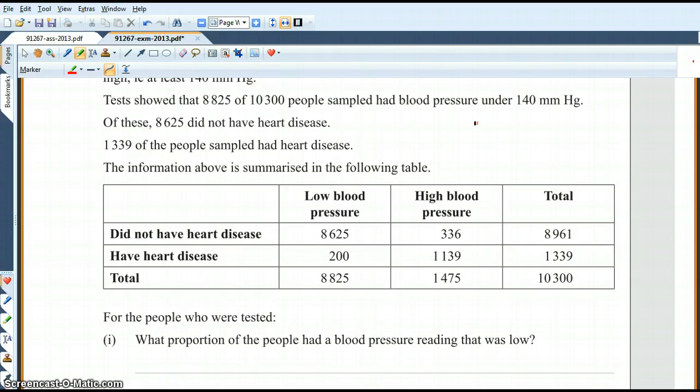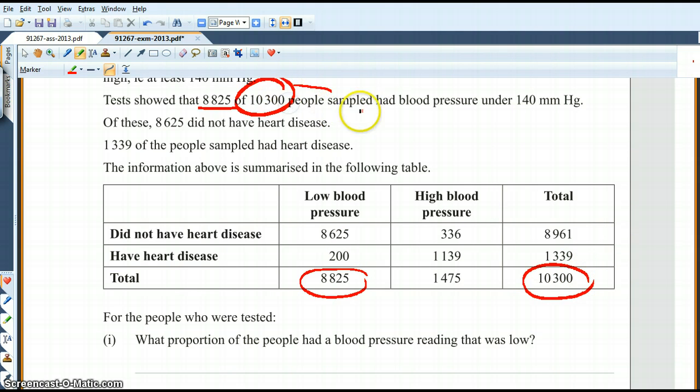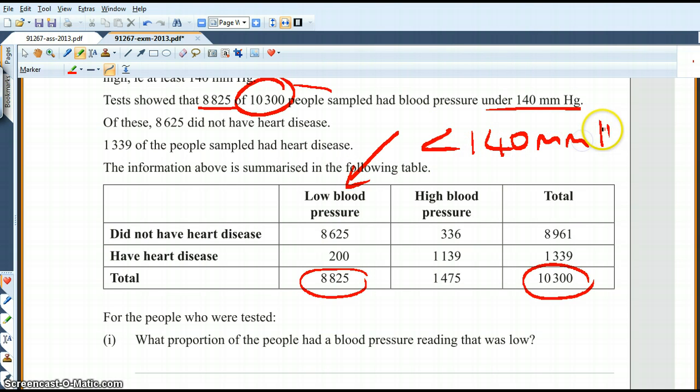The test shows that 8,825 out of 10,300 people sampled had blood pressure under, that's less than 140 mmHg, so that's low.